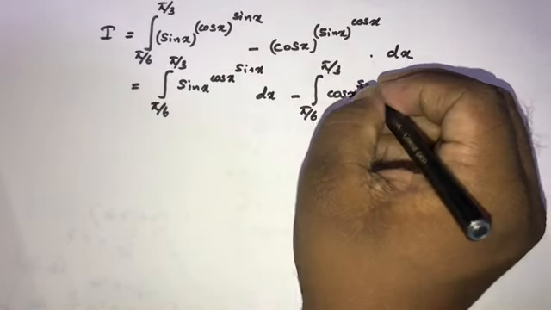Okay, now I'm going to take this equal to I1 and this equal to I2. Now what can we do?